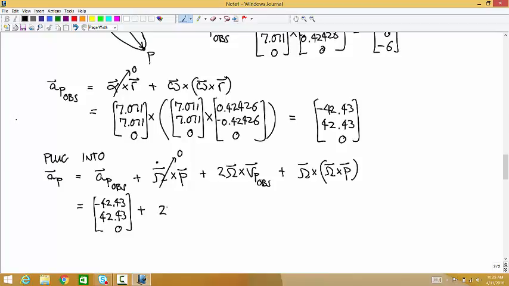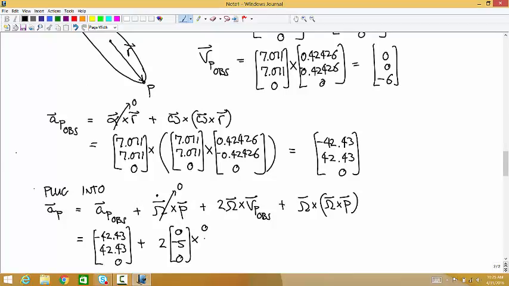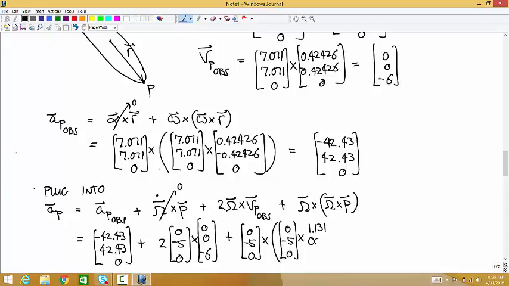Then we have 2 times Omega, which was 0, negative 5, 0, crossed with our observed velocity vector, which is 0, 0, negative 6, plus capital Omega cross quantity capital Omega cross the position vector.